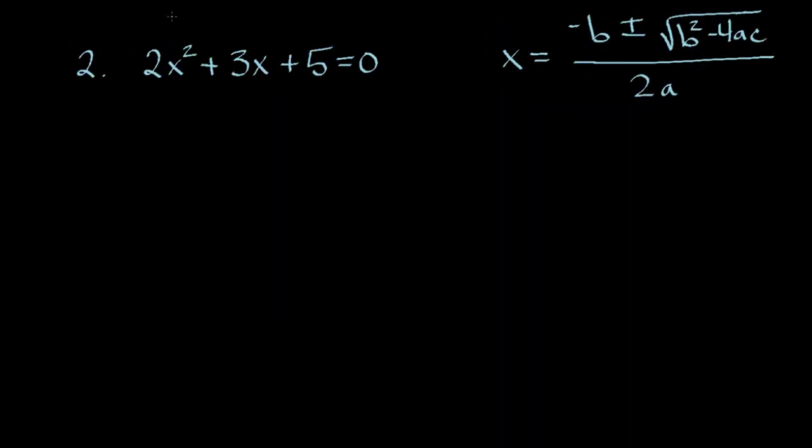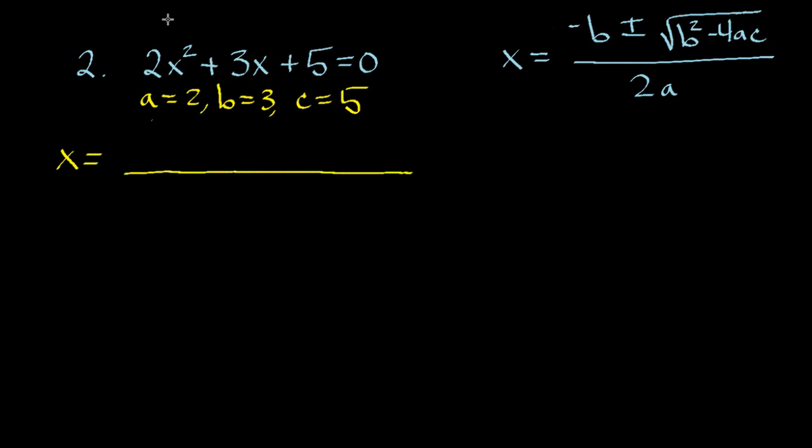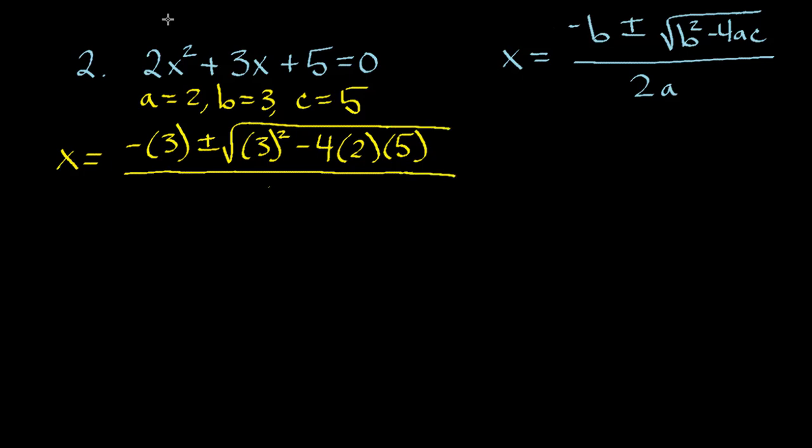For problem number 2, we already have this quadratic written in standard form, so we can easily identify a, b, and c. Next, I will substitute them into the quadratic formula. In the numerator, we have the opposite of b plus or minus square root of b squared minus 4 times a, which is 2, times c, which is 5, all over 2 times a, and a is 2.